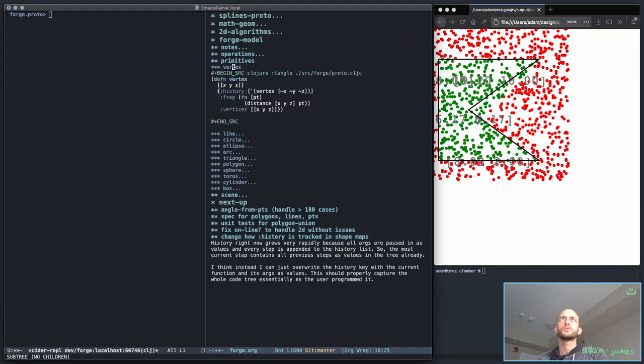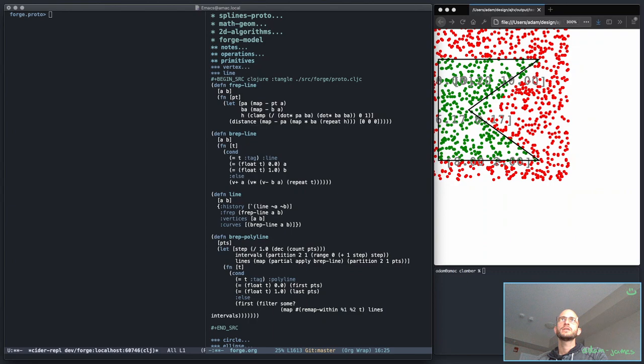I should really do this in order, eh? Okay, history. Vertex I might get rid of. I don't know that it's a meaningful shape object, but I have to think about that. Line, brep line, line, line, brep polyline. Not sure about this.